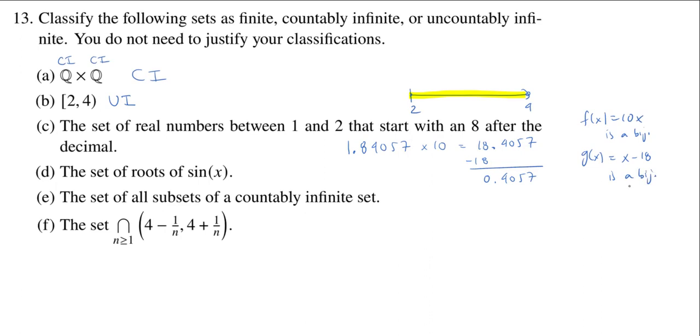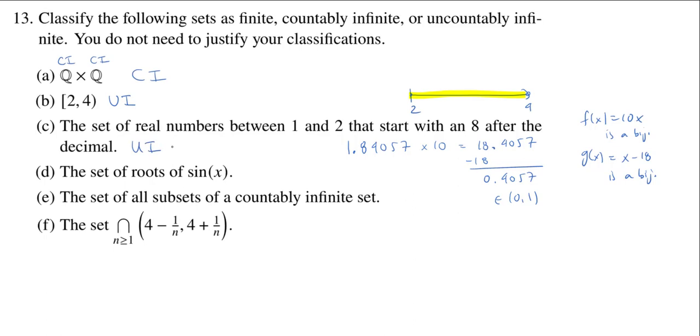So there's a bijection between the set of real numbers between 1 and 2 that start with an 8 after the decimal, like this, and numbers that are just between 0 and 1. If I multiply by 10, that gets that 8 out of the decimal, and subtracting 18 is going to get rid of all this stuff in front of the decimal. So I'm left with just some number which is in between 0 and 1. And we know that this set, again, is a real interval. It is uncountably infinite.